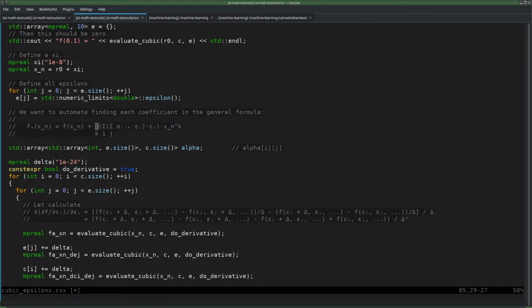Sum over k of something times x to the power xn to the power k. There's a space here. Let's put a space here as well. Cool.